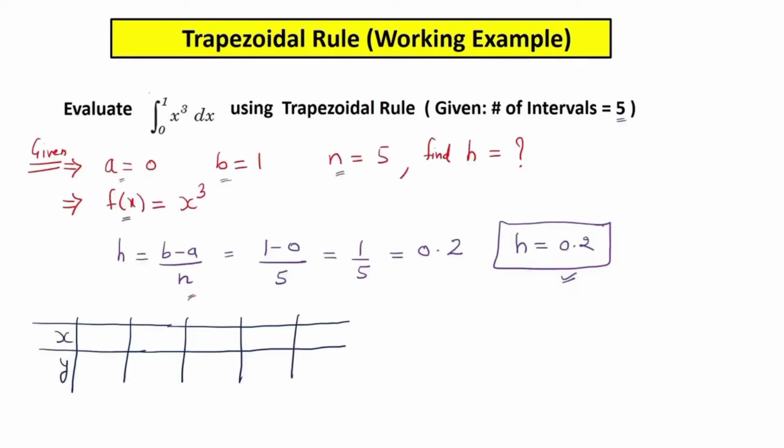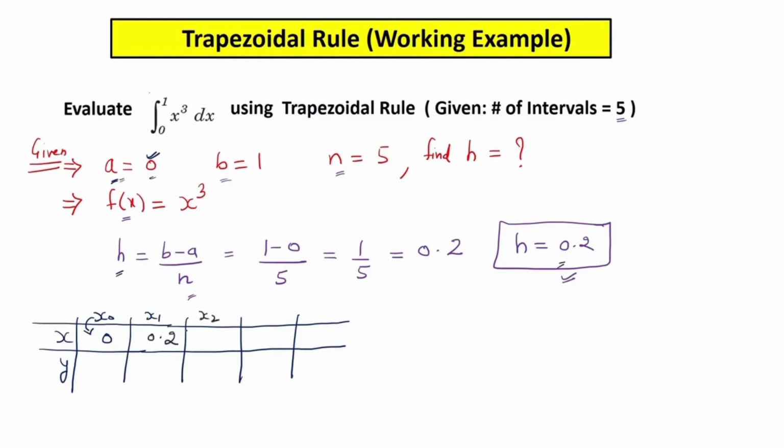We will write all the values of x and y in tabular form. What is the initial value? We have to find x0. So x0 is equal to a only, so this is 0. Now we have to find x1. x1 is the value of a plus h, so 0 plus 0.2 will be 0.2.